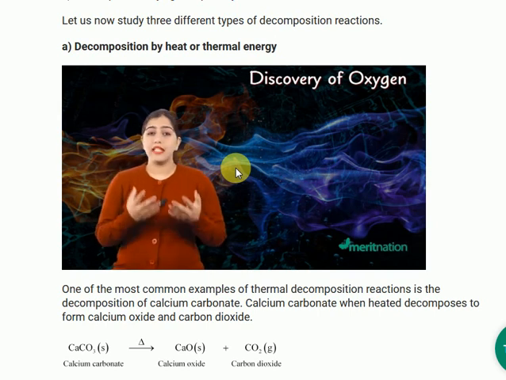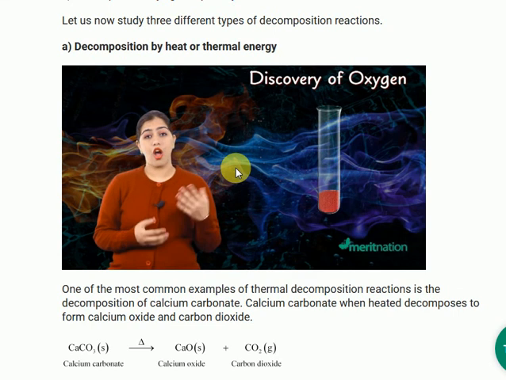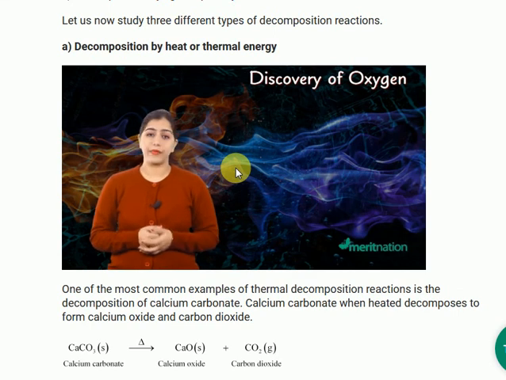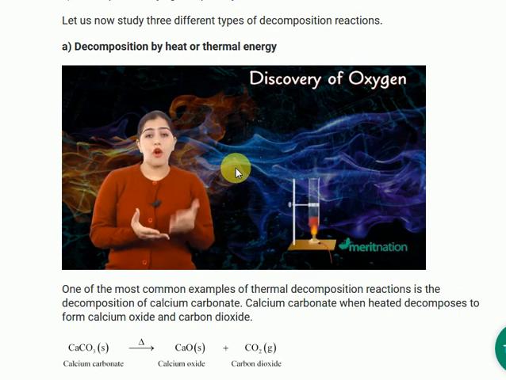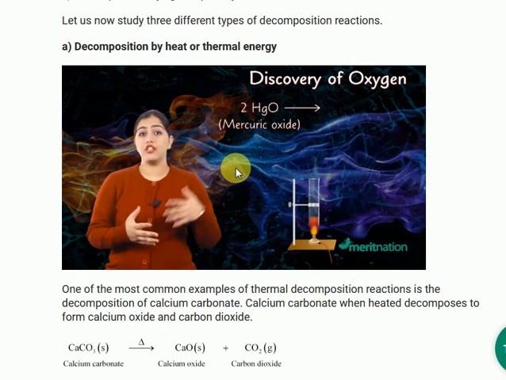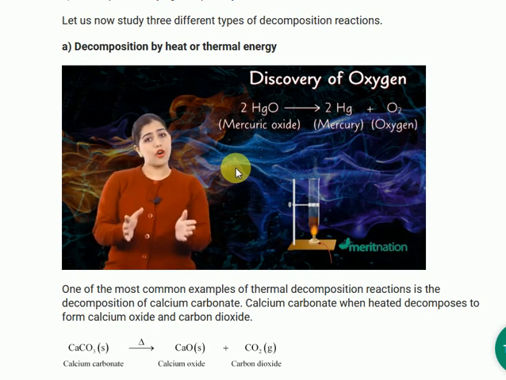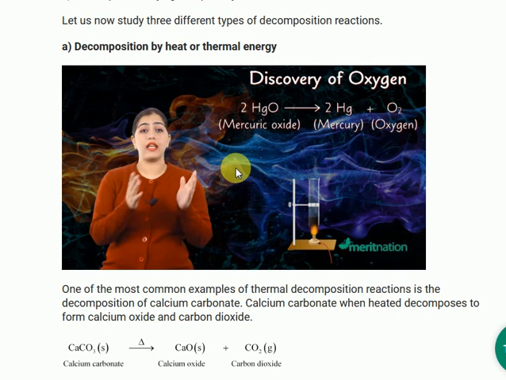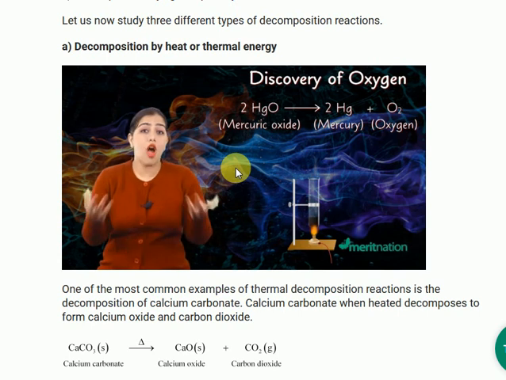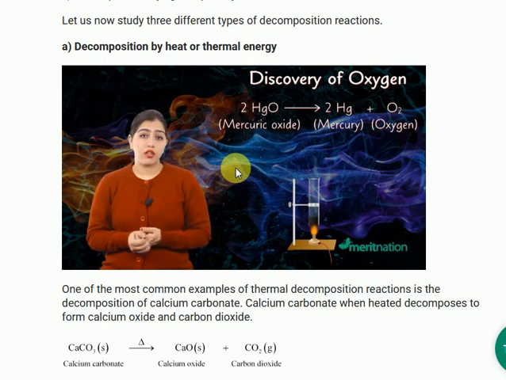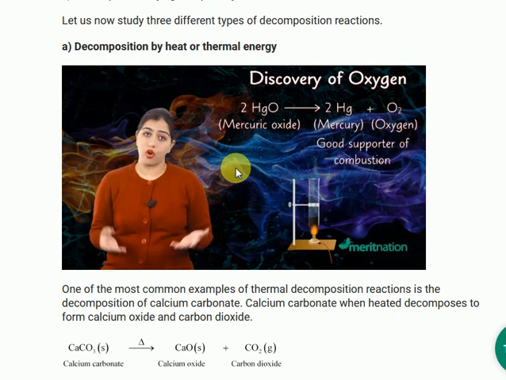So what he did is, he took some mercuric oxide and heated it. The heat broke mercuric oxide into liquid mercury and oxygen gas. Now at that point of time, it was not known that the gas being evolved is oxygen gas. Oxygen is a good supporter of combustion.